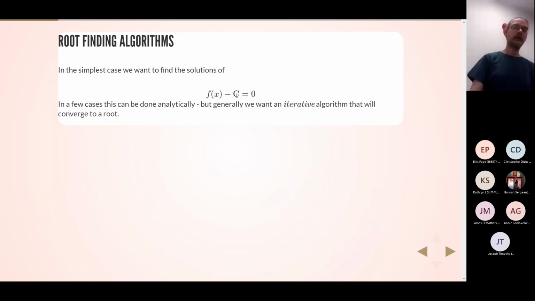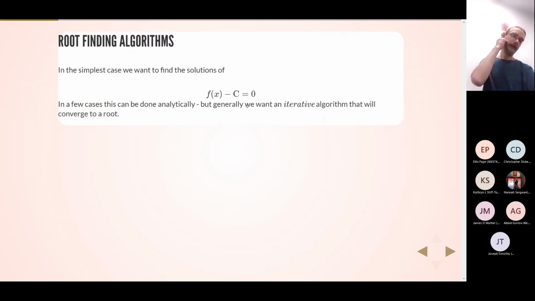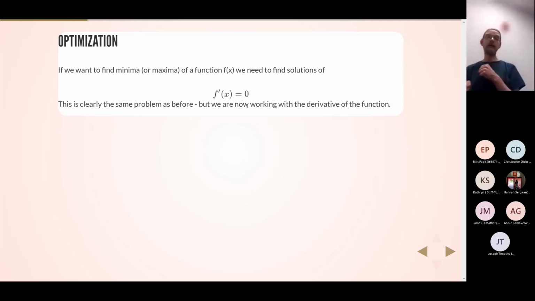If it's a linear equation, it'll just be a single solution. But if it's a polynomial in general, there may be two solutions, etc. That's finding the roots of an equation, so finding the values where a function is equal to 0.